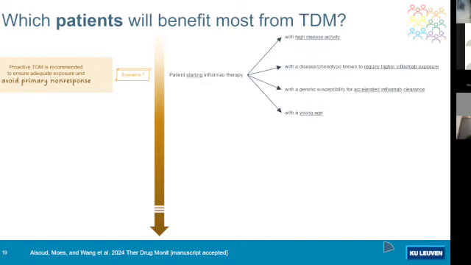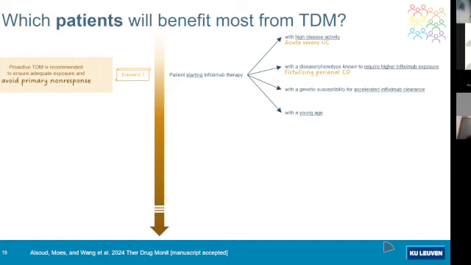And in this specific setting, we should focus on the patients that are the most sick, patients with a high disease activity, for example, patients with acute severe ulcerative colitis, a very specific setting that people all around the world are focusing on today. These patients might benefit most from TDM.